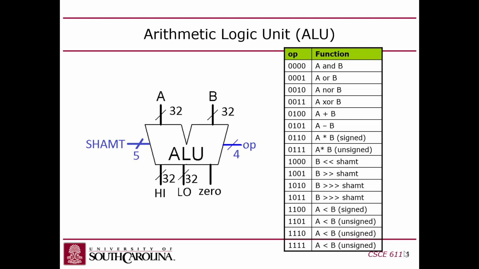The only difference between a signed and an unsigned add or subtract is how you interpret whether there was an overflow or not. Overflow being that the result you got was out of range, right? It spilled over the upper limit or the lower limit. Do you guys remember that?